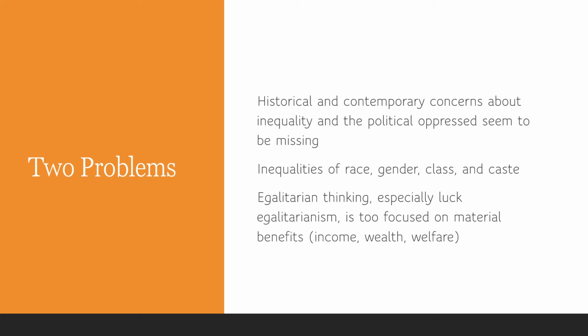Now, perhaps you might think, well, Anderson is being a bit unfair, right? But she does want to make a more important point, besides the snarky point, I think. And that is that when we look at luck egalitarianism, we become concerned with people like the doubly unfortunate person, with Tiny Tim. But when we think about inequality historically, we are concerned with inequality in terms of the politically oppressed, inequality that is affected by inequalities of race, of gender, of class, of caste relations.